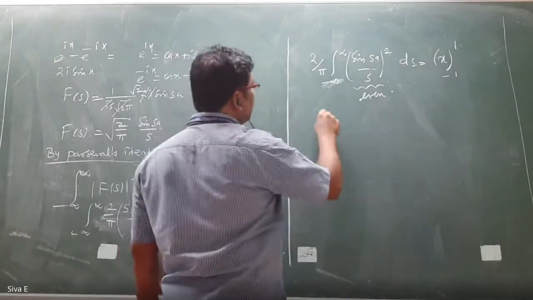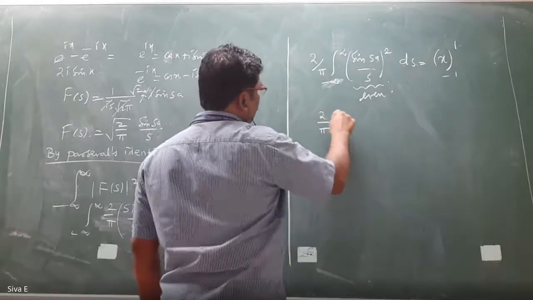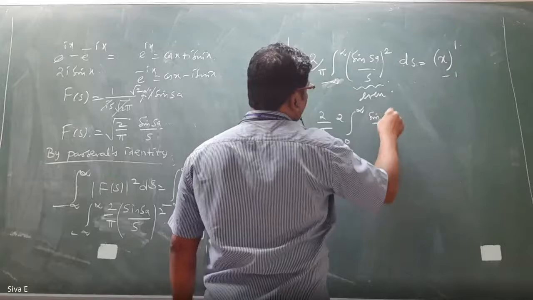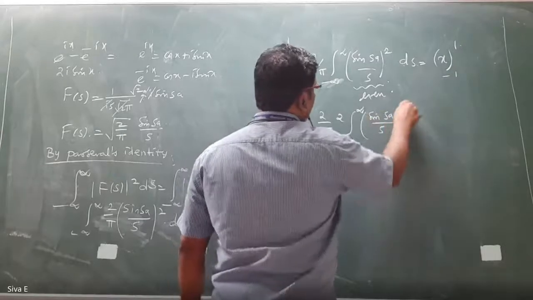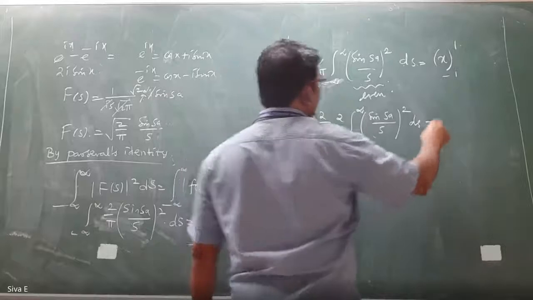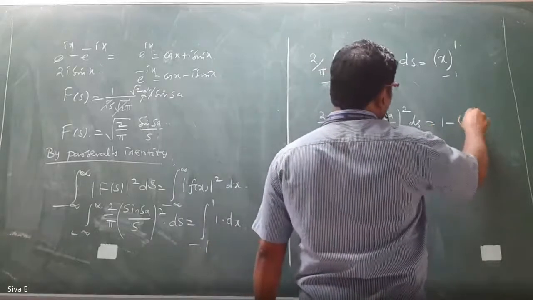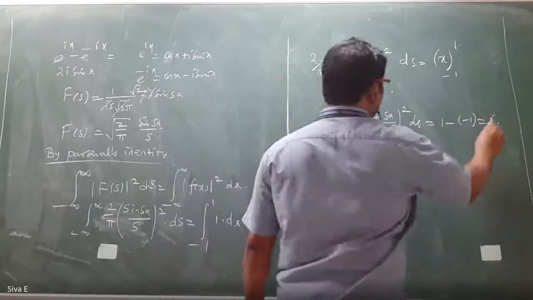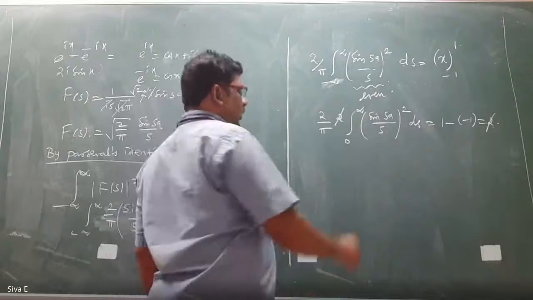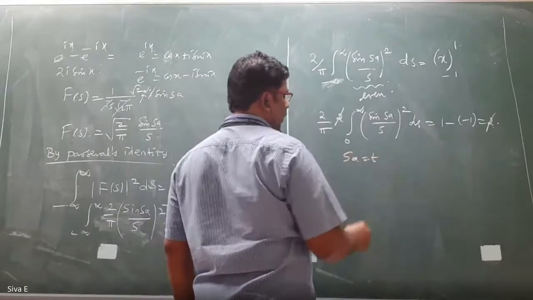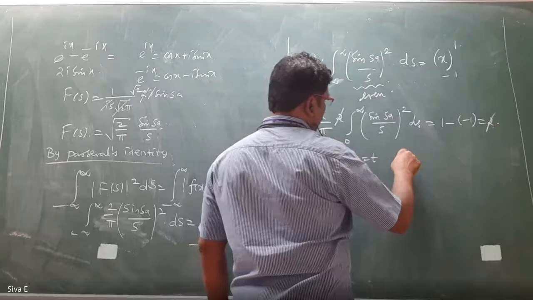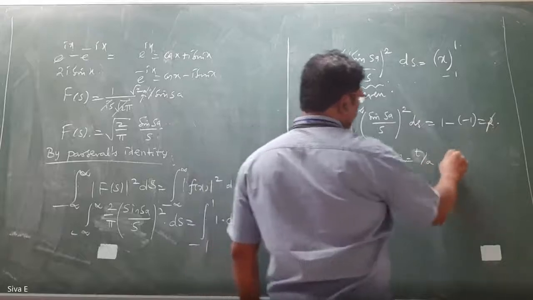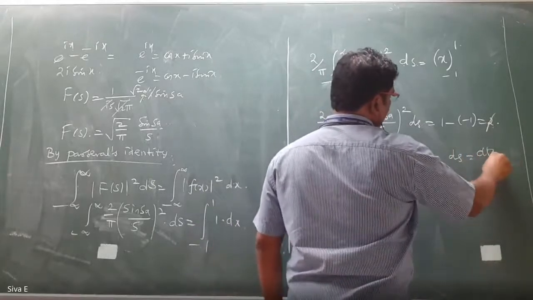So we can write this as 2 by pi times 2 times the integral from 0 to infinity of (sin sa by s) whole square ds equals 1 minus of minus 1, that is equal to 2. So the 2s get cancelled. If we take sa equal to t, s equals t by a, ds equals dt by a.